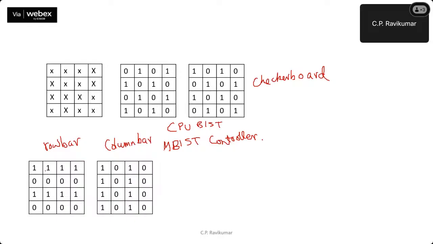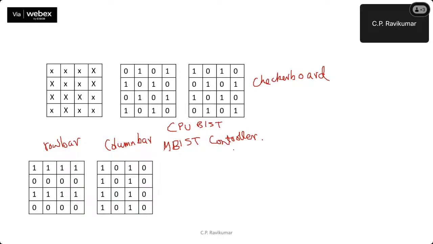You can also imagine another kind of row bar pattern where all these are zeros, all these are ones, all these are zeros, all these are ones. Again, the BIST controller may be capable of generating this pattern also. Usually the memory BIST controller is capable of applying more than one algorithm because it depends on the size of the memory.